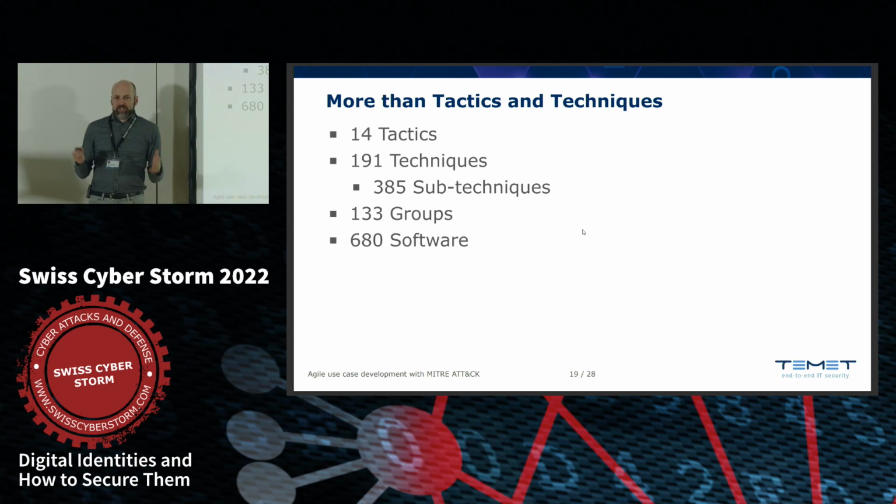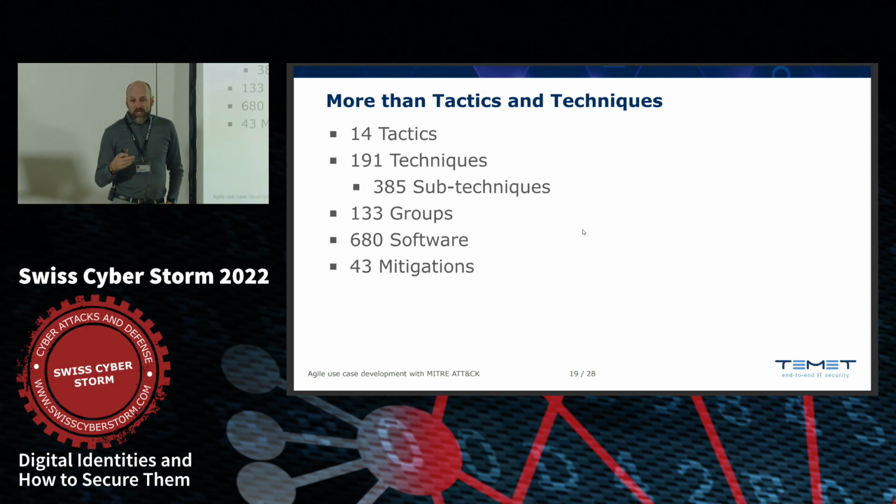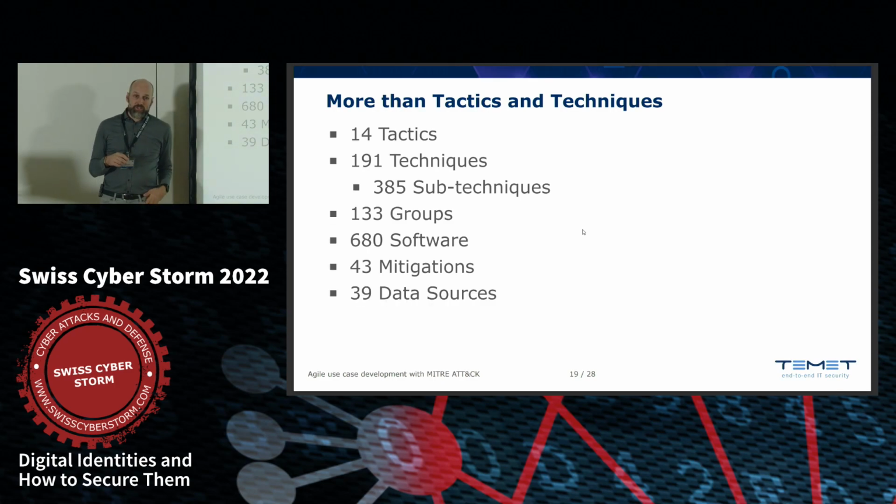You also have 680 malware versions or software in there. You have 43 mitigations and 39 data sources. Mitigations of how can we prevent an attacker from using this technique, and a data source, how can we detect it.